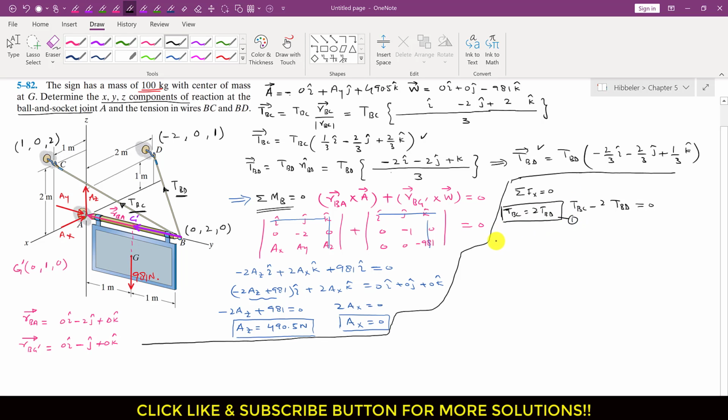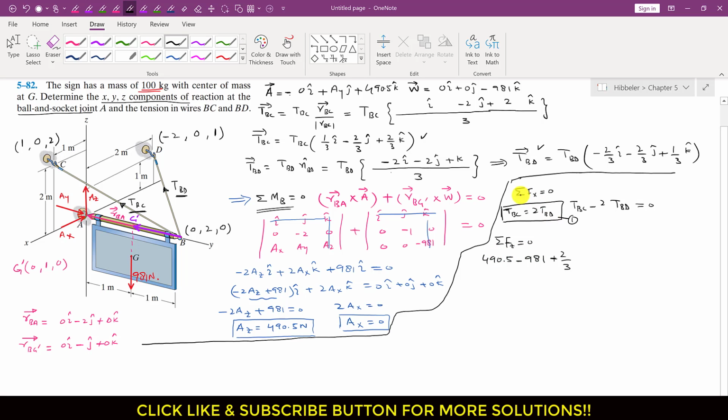Now if I apply the summation of forces along z equals 0, we will add all the k components, right? So here we have 490.5, so I will write 490.5 minus 981, and then plus 2 divided by 3 TBC.